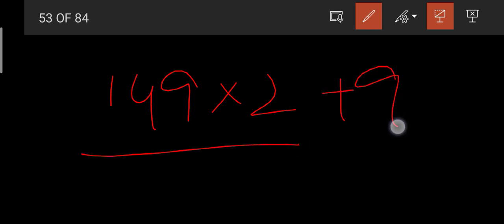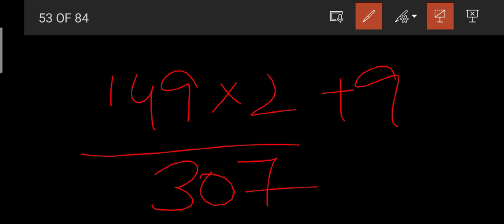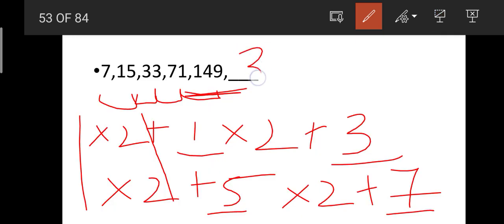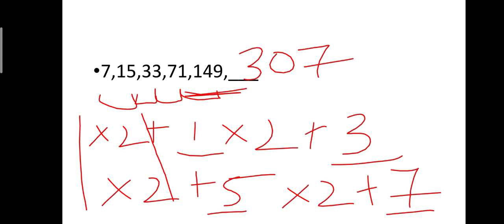So we should multiply 149 with 2 and to the result we should add 9. Then our answer will be 307. In this question our answer is 307. Okay friends, I have discussed this model also in our previous videos. I think most of you are perfect in these models. And now we'll move to our next question.